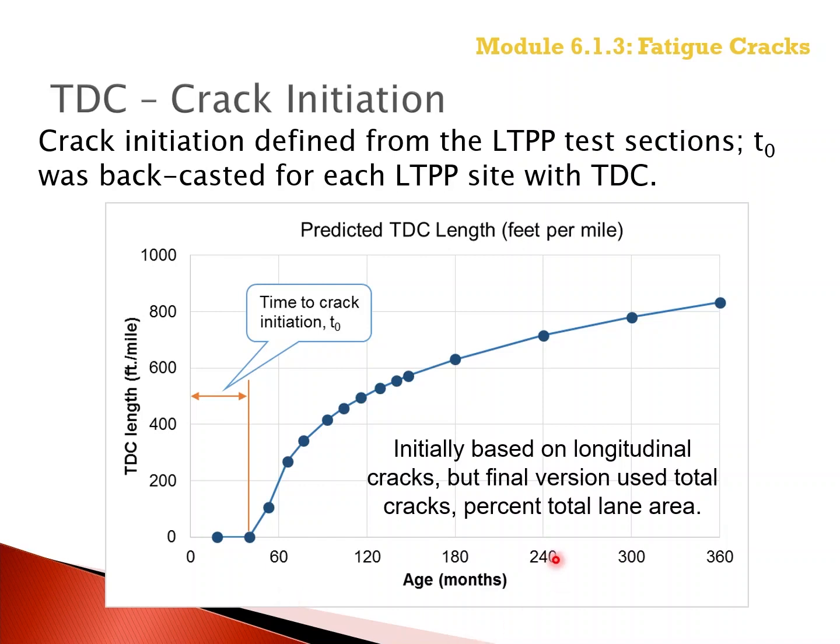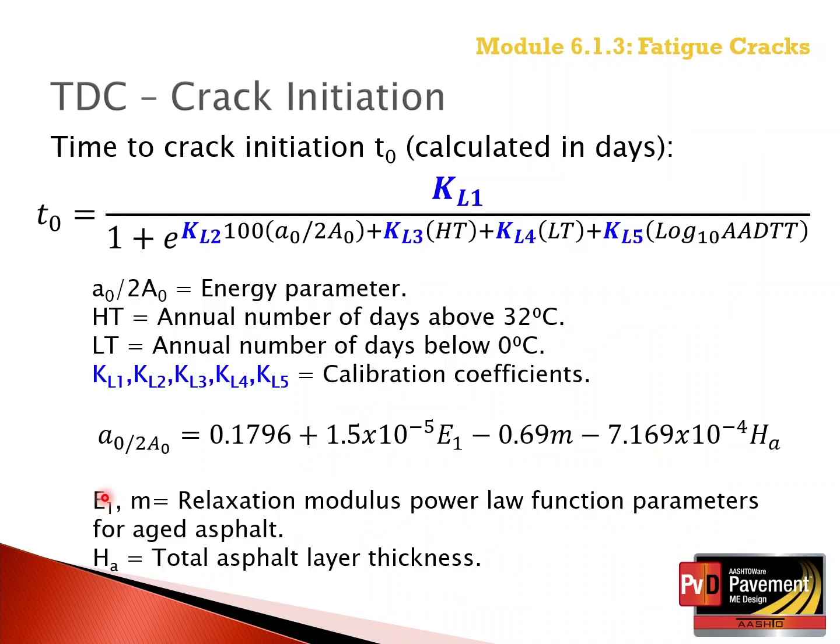It's initially based on longitudinal cracks, but the final version in the software uses total cracks or percent total lane area. So the longitudinal cracks initially used were converted to a percent total lane area as previously discussed within this module.